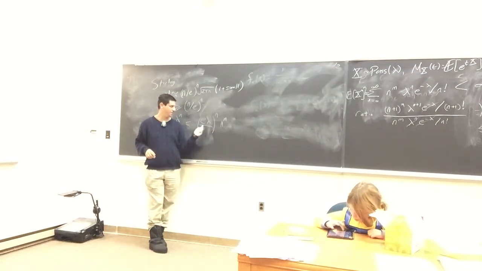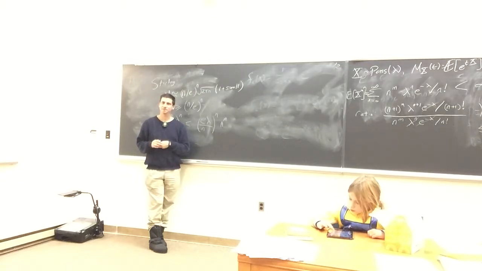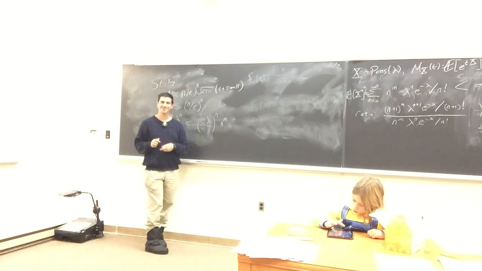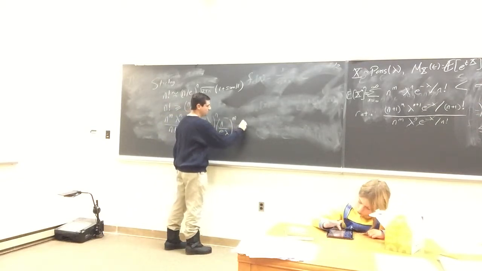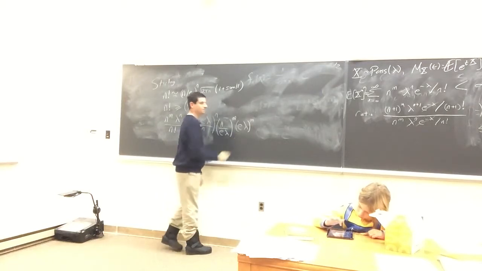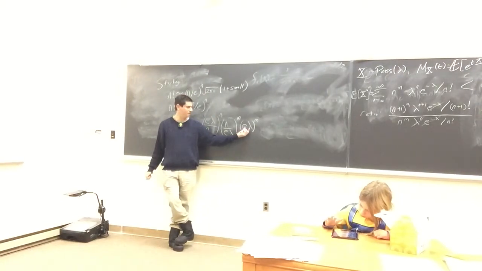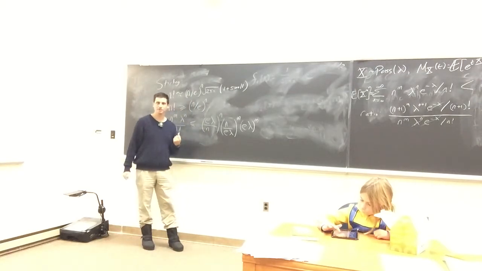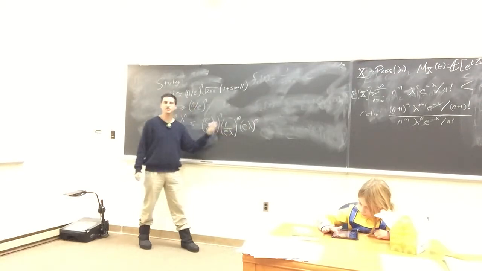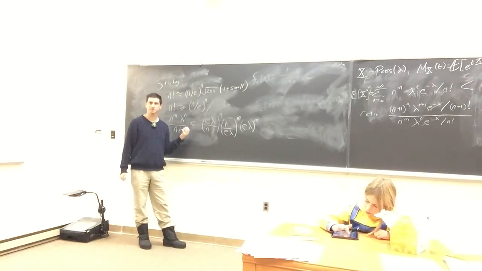They both have an n. What is this missing? What if I divide this by e lambda to the m and then multiply by e lambda to the m? Does it really hurt to multiply by an e lambda to the m? No. Right? That's something I can pull out because it has no n dependence.